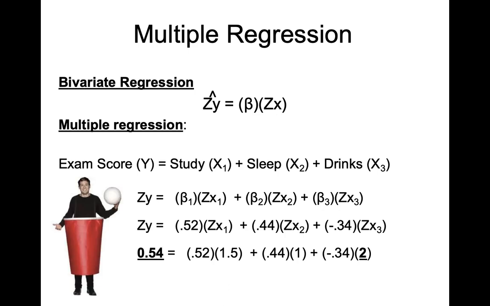Let's just do another example. Okay, so somebody that scores 2 standard deviations above the mean on drinks, but then 1 standard deviation above on sleep and 1.5 standard deviations above on study, we would predict only scores 0.54 standard deviations above the mean, which suggests, in practical terms, that if you're above average on sleep and study, that can compensate for being well above the mean on, say, partying the night before, but certainly there's an influence.